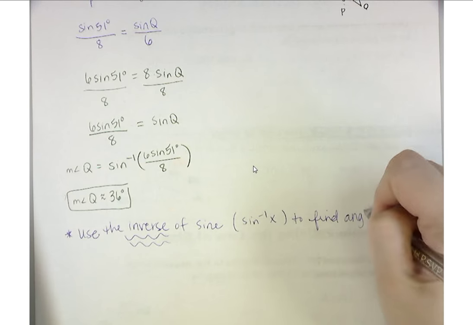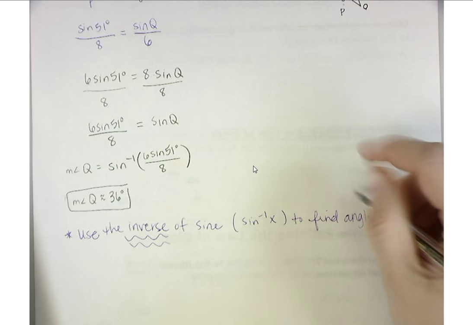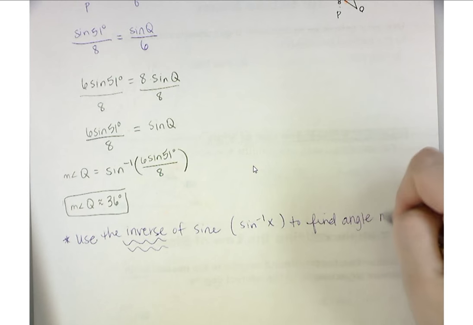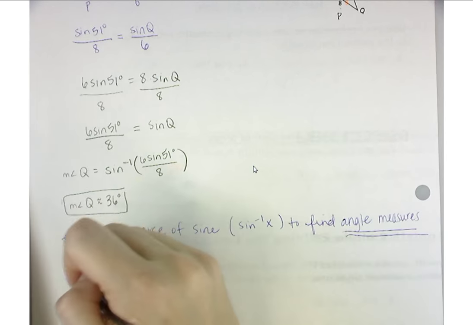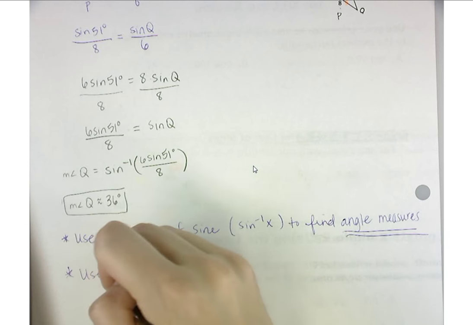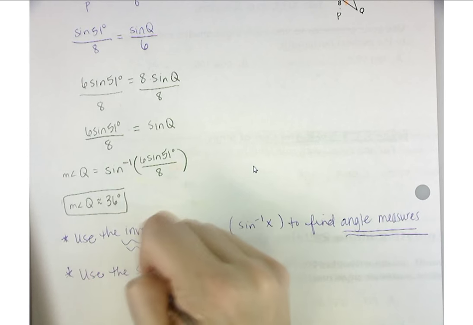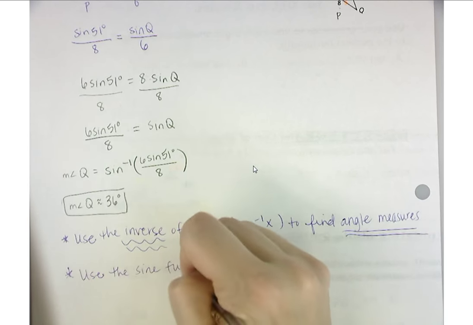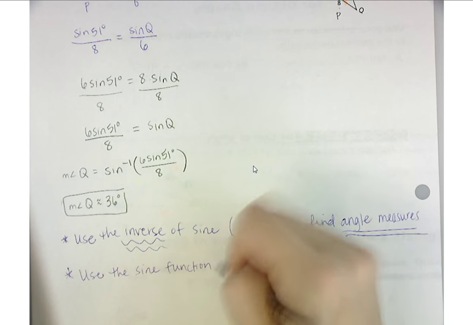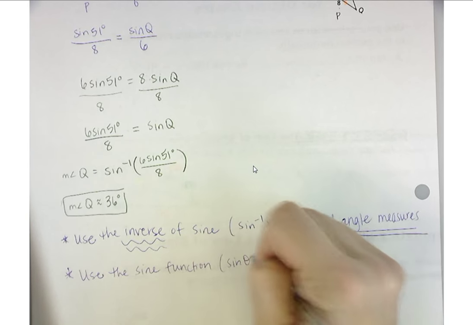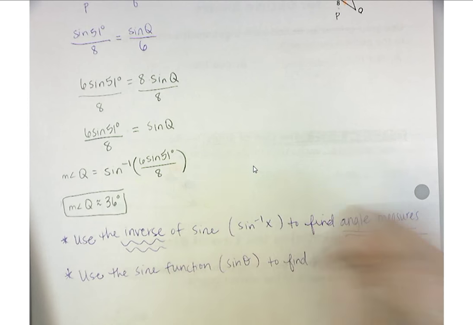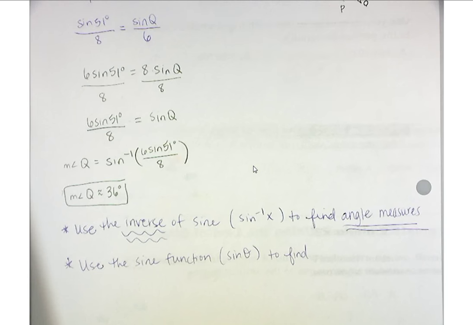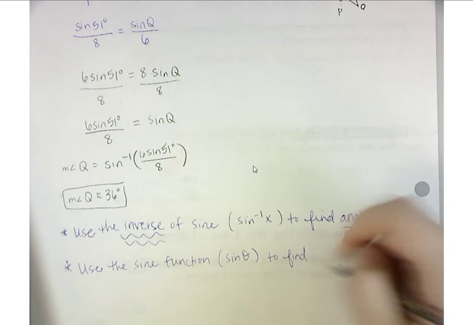Angles. Okay, and then you are going to use the sine function, which is just the sine of theta, to find what? What do we use the regular sine for? Yeah, good.